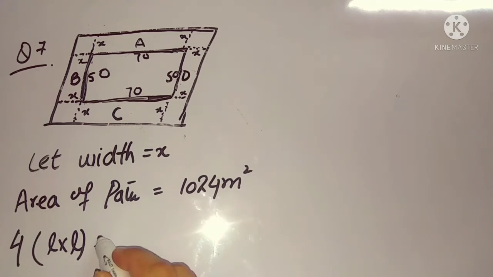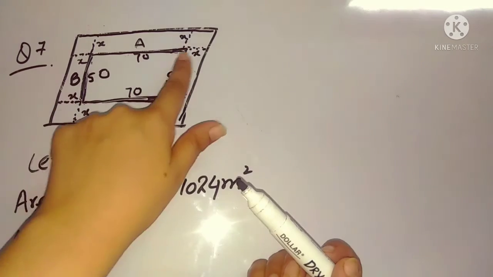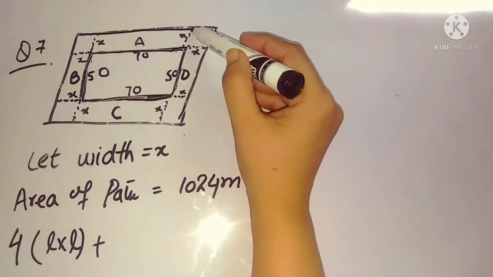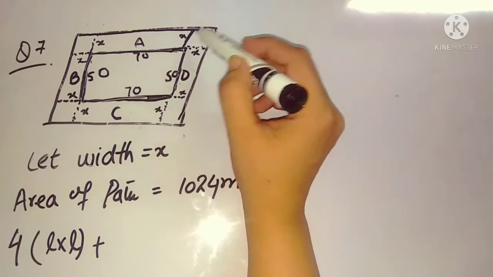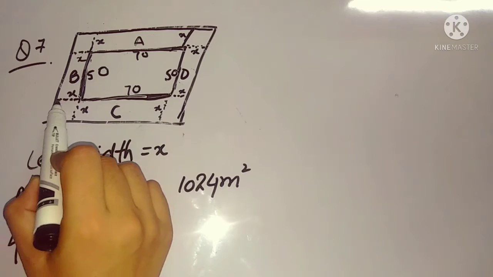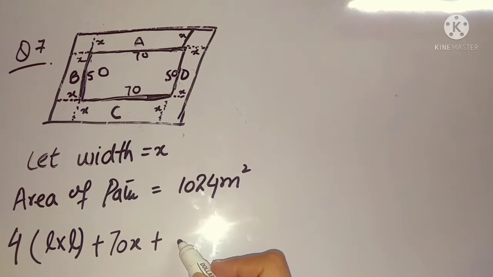Now we have four rectangles. First, for rectangle A, this is the length of the rectangle and this is the width of the rectangle. So length is 70 and width is x. So we write down 70x. Now for B, this is the length and this is the width. In B, the length is x and the width is 50, so we can write down 50x.